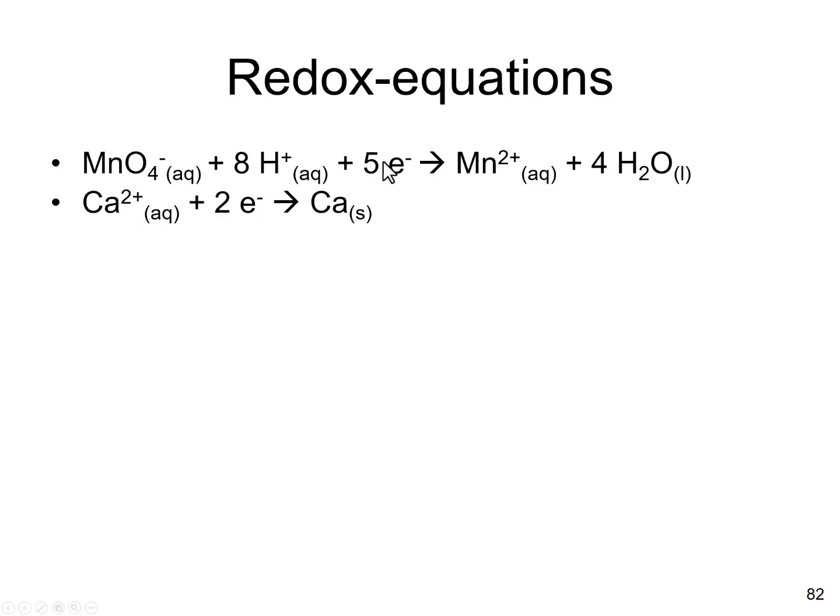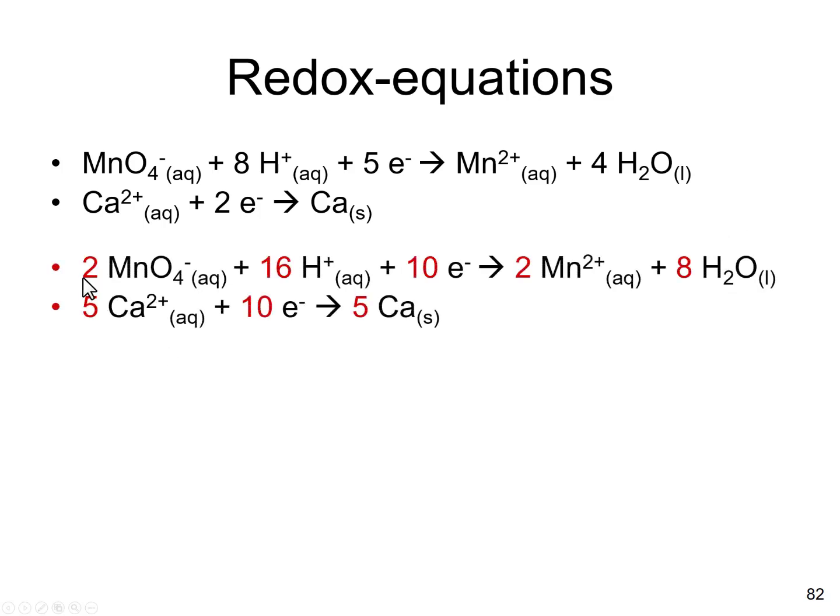So we have to make sure that the number of electrons that exchange are equal. And so we can multiply the first reaction by 2 and multiply the second reaction by 5 to get 10 electrons. So let's do that.